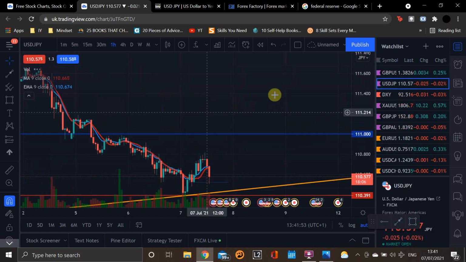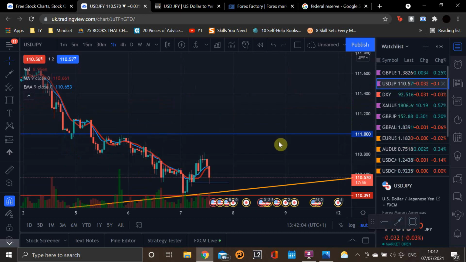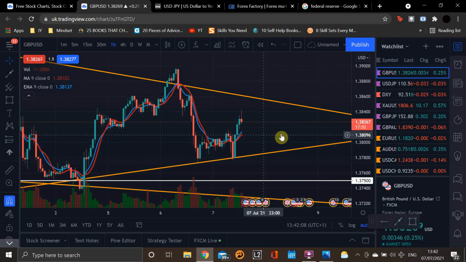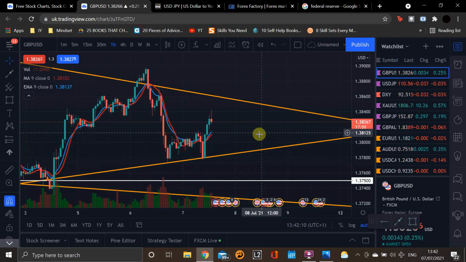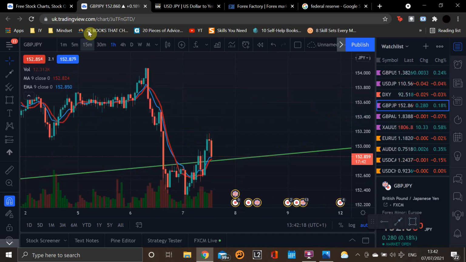That doji represents a lot of buyers and sellers. The market's indecisive right now. That's what the candlestick tells us. GBP USD, you're not going to see any significant movement right now. Since that's the case, why don't we go to our GBP pairs, maybe do some analysis there and see what we can find.